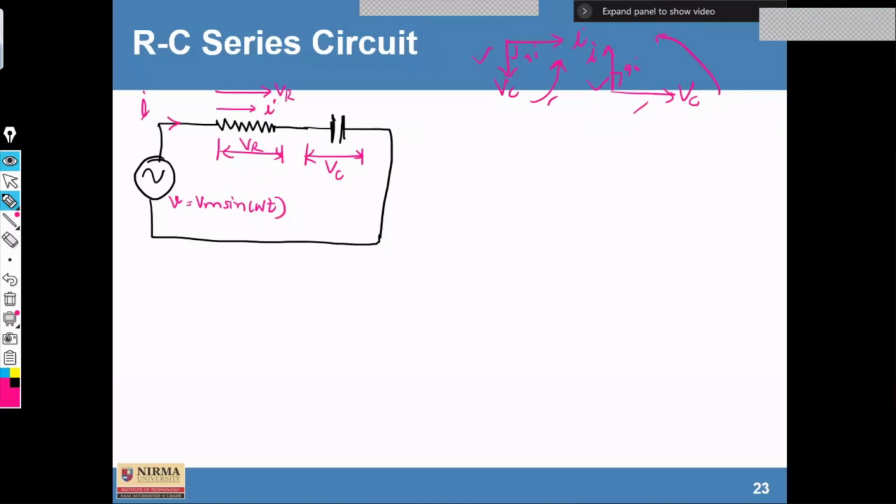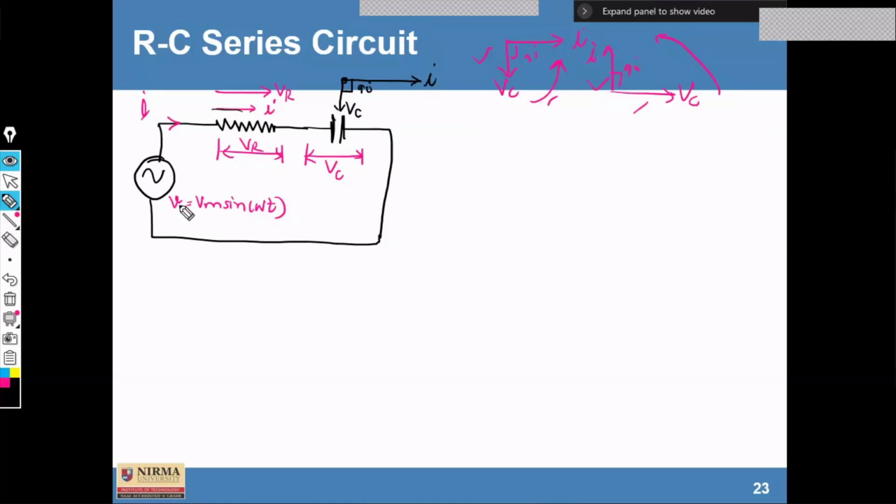We can represent these vectors in this case also. Because the current is common in both cases, we can represent the current as a horizontal vector I. And the voltage VC lags behind by 90 degrees. Clear?